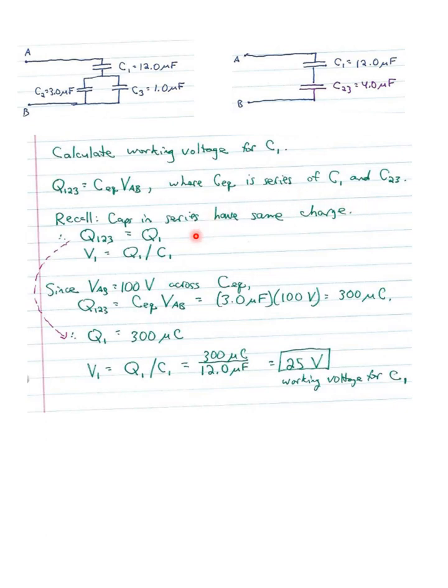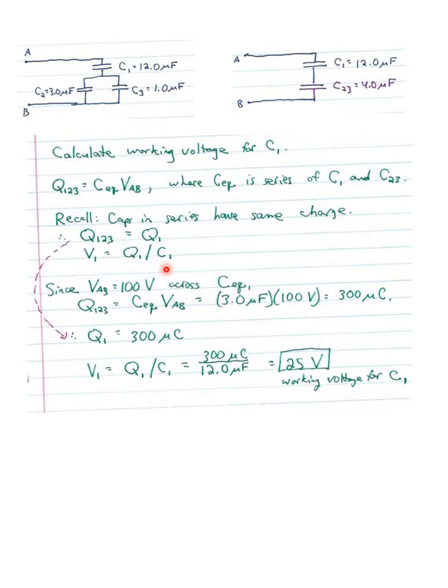So the charge of 1, 2, 3, imagine this whole thing right here where my marker is being a capacitor, is the same as the charge on just capacitor 1.